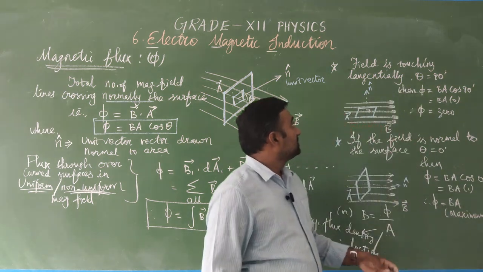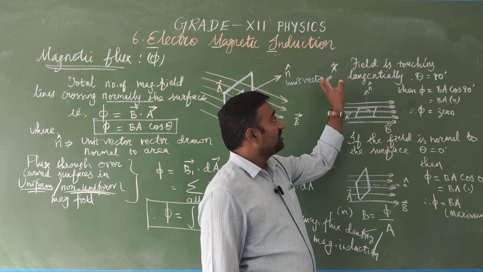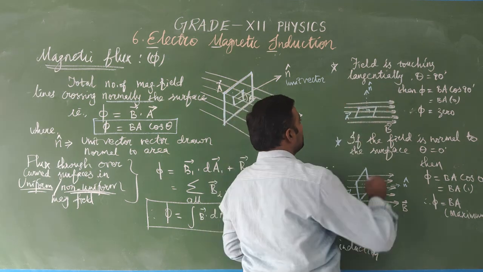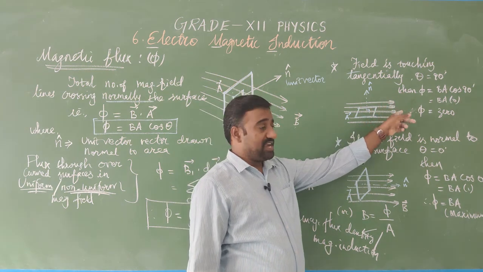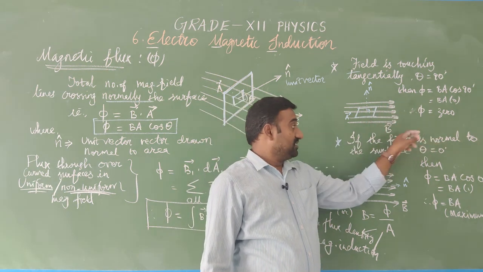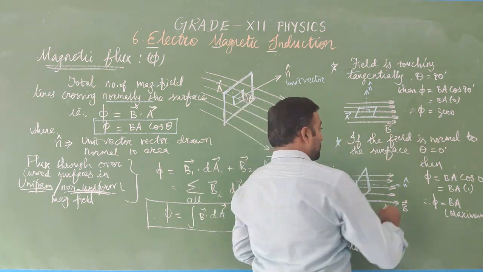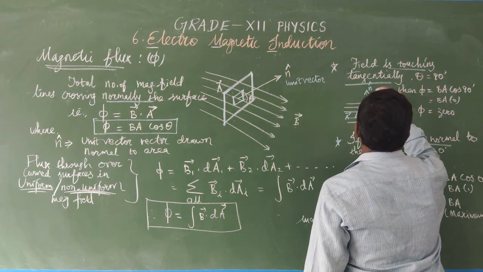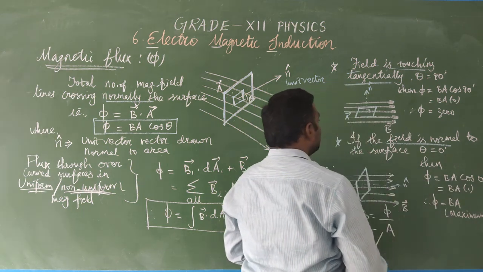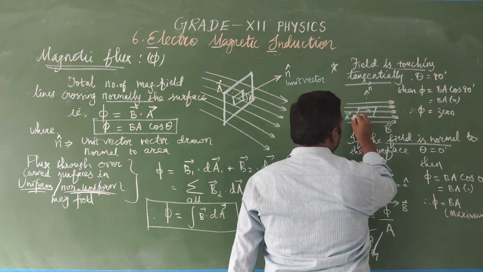And in the case where the field is touching tangentially, then theta is equal to 90 degree, then the flux is 0. Here the field is touching tangential to the surface.